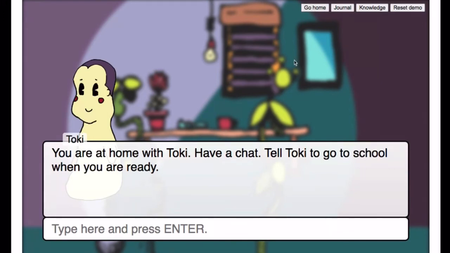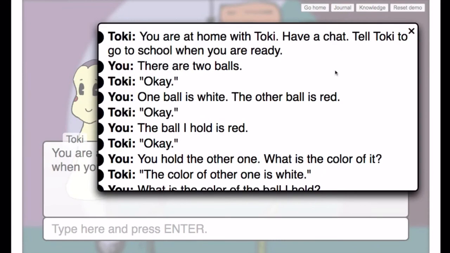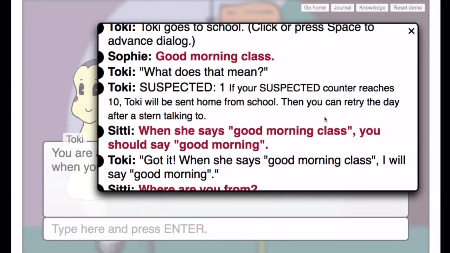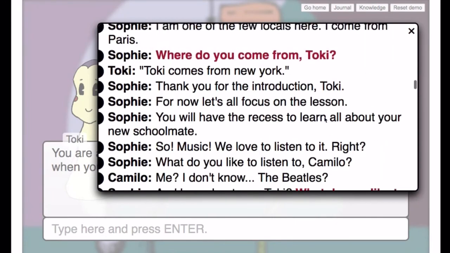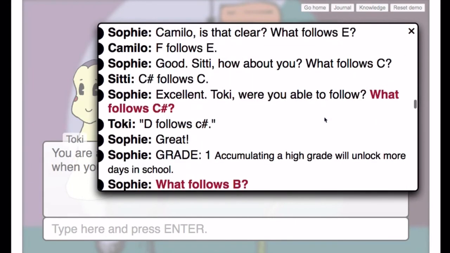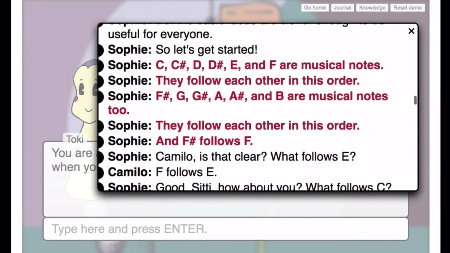And so what was it like in music class? Music class, bleep bloop. This part. Yeah, so first let's teach Toki about days, right?